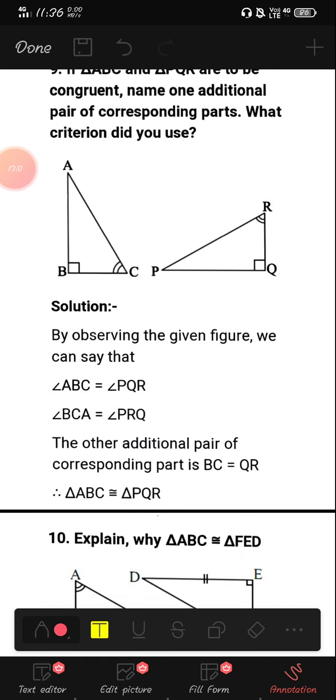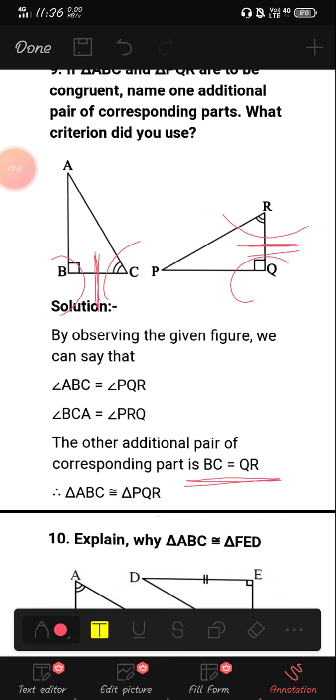So by observing the given figure, we can see that angle C is equal to angle R, angle B is equal to angle Q. So the rest is the included side, and the included side is that BC is equal to RQ.